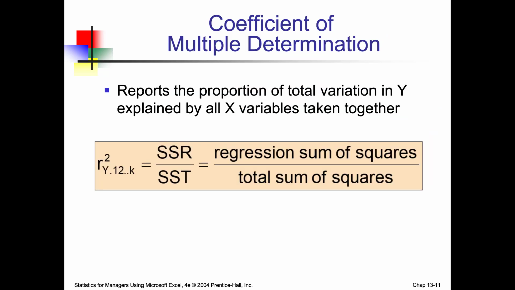Now, R squared, that's the coefficient of multiple determination, abbreviated CMD, and we use R squared to measure that. Basically, it reports the percentage of total variation in Y explained by all the independent variables X put together. R squared is the regression sum of squares divided by the total sum of squares.